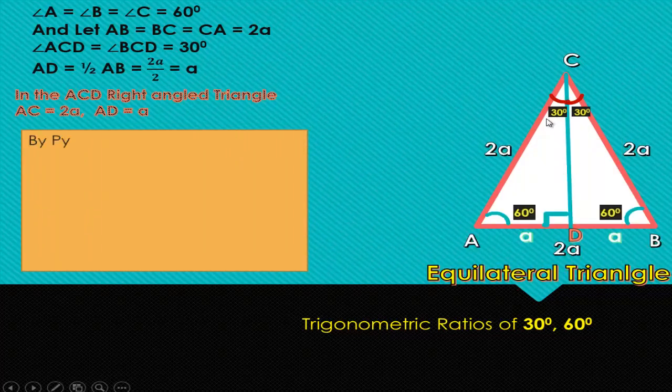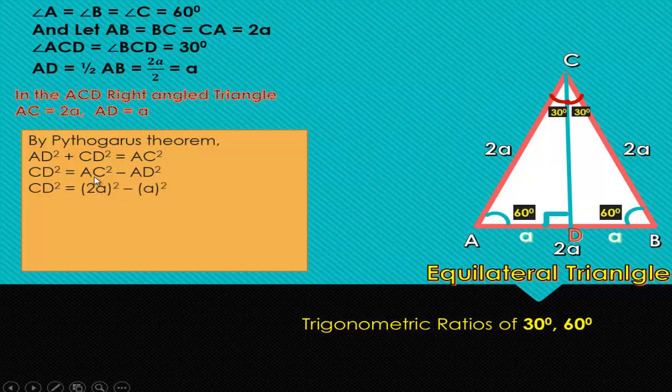For this, by Pythagoras theorem, AD square plus CD square equal to AC square, that is CD square equal to AC square minus AD square. Here AC means CA, that is 2A whole square minus AD means A, that is A square. 2A whole square means 4A square, minus A square. 4A square minus A square means 3A square, that is CD square equal to 3A square.